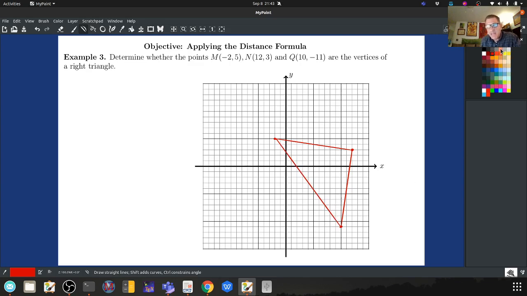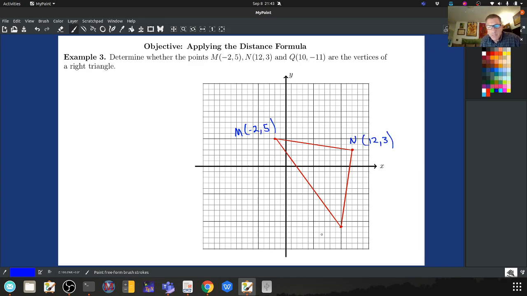Because looking at it, you need to try to figure out which one is the longest side. So let me go ahead and label these points too. So this first point is M, which is minus 2 and 5. This point down here is N, and it's 12 and 3.